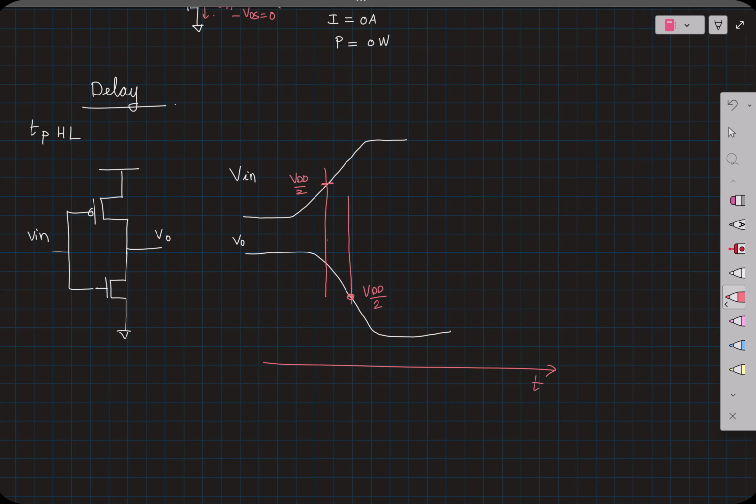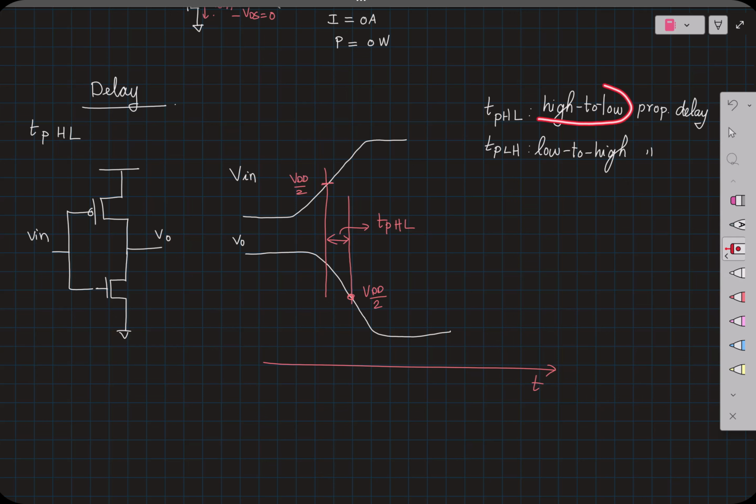So have you heard the term TPHL, TPLH before? If you have not heard, then TPHL is the high to low propagation delay, and TPLH is the low to high propagation delay.